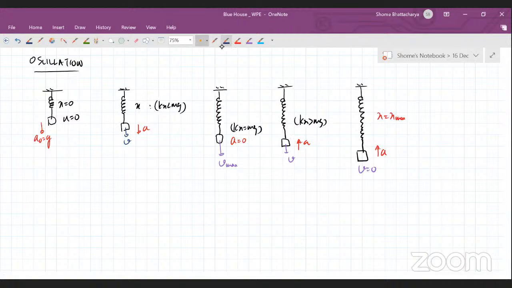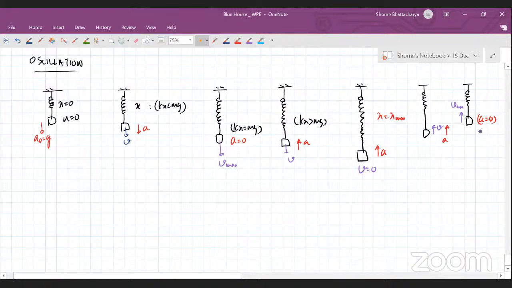Okay. Now from this, it will go back to this position where it's going up with some acceleration upwards. Okay. Then again comes to mean position. So this is when acceleration again becomes 0, but the speed is maximum.